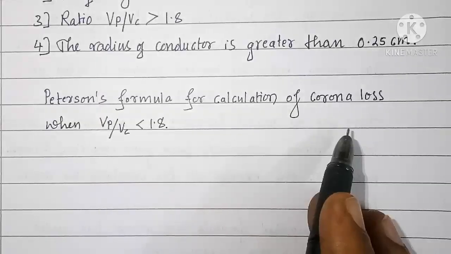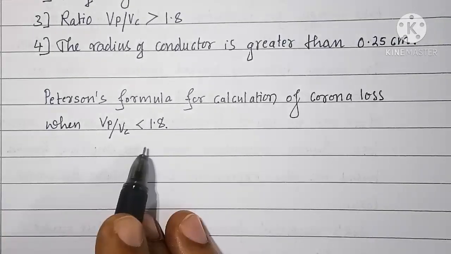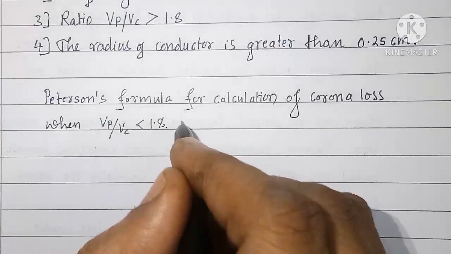Peterson's formula for calculation of corona loss when Vp by Vc is less than 1.8.